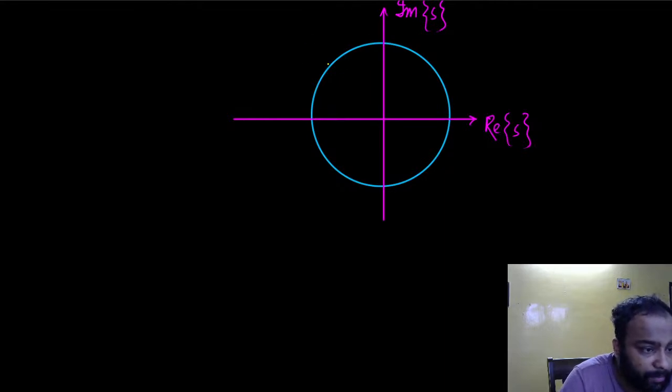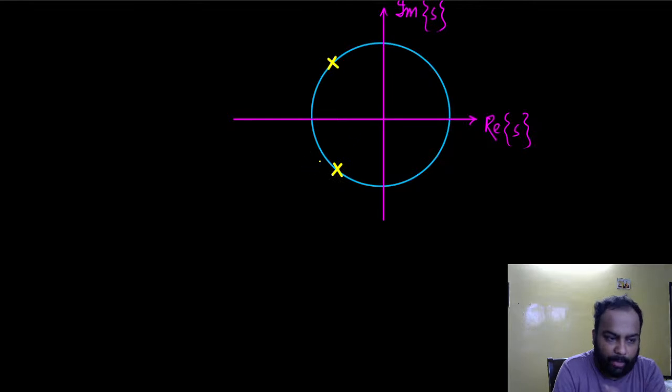This is the location of the pole. One pole would be located here, and another pole would be located here. Poles are denoted with cross symbols like that.